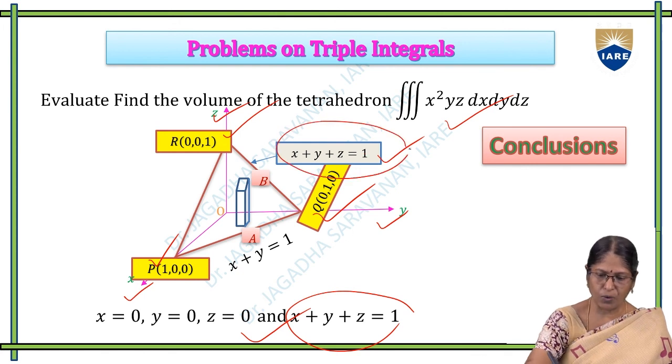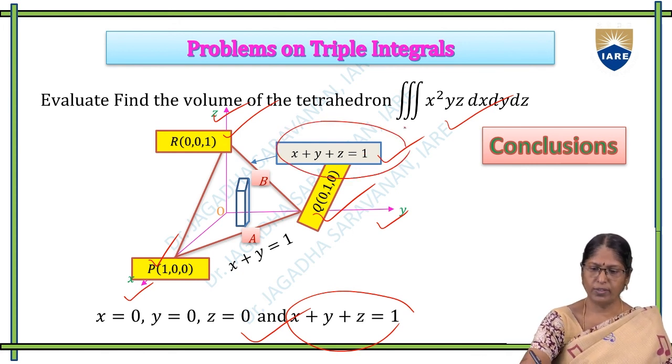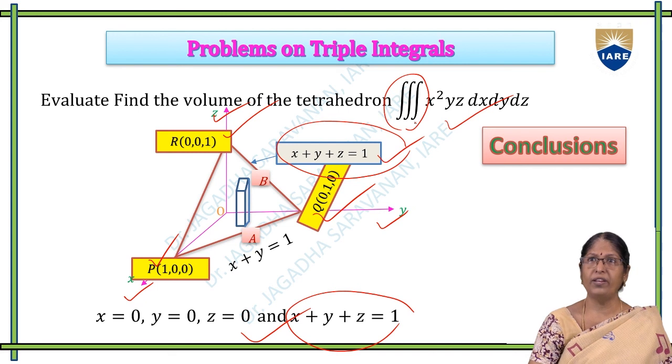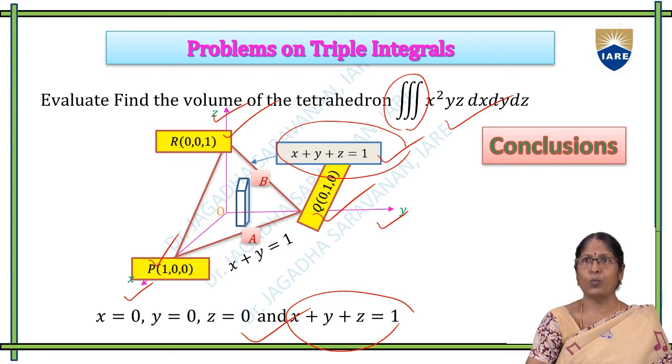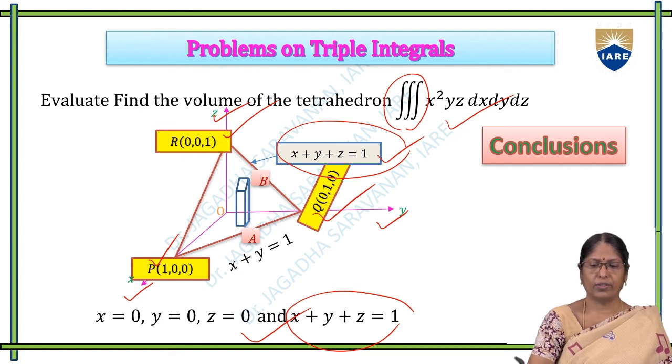From that equation, because in the triple integral we need x from where to where, y from where to where, z from where to where, we first extracted the limits. For z, this equation helped us.